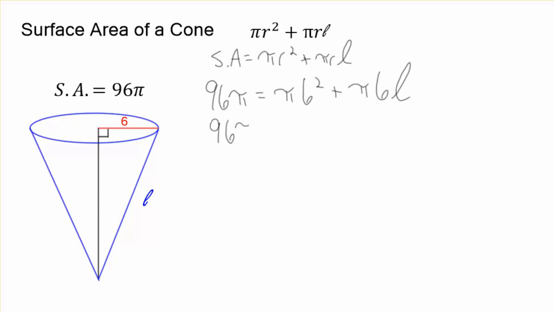First thing I'm going to do is simplify the right side. I can do 6 times 6 is 36. So I have 36 pi plus 6 pi times that variable. And I want you to notice something. In every one of these terms, the 96 pi, the 36 pi, and the 6 pi L, they all have pi. We can divide both sides of this equation to get rid of pi from all of those terms.